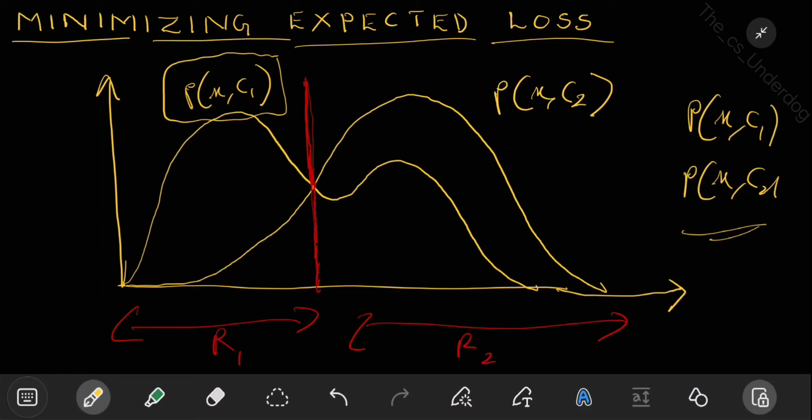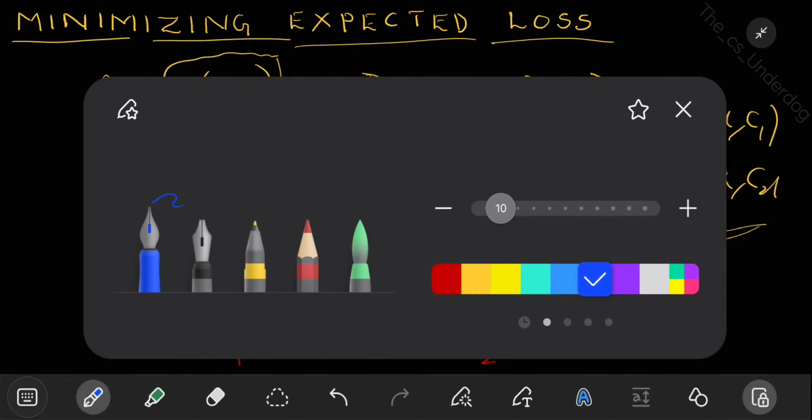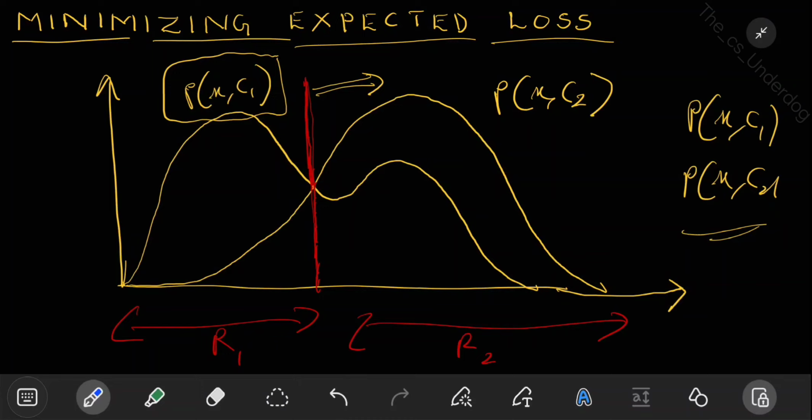This means the decision border will get shifted to the right side, to somewhere over here. Whatever is on this side will be marked as region R2, and whatever is on this side will be marked as R1.